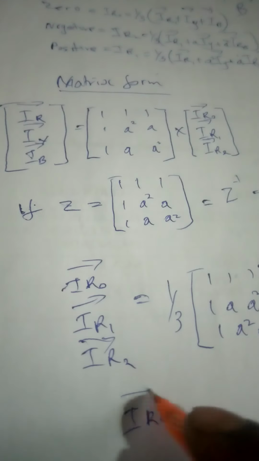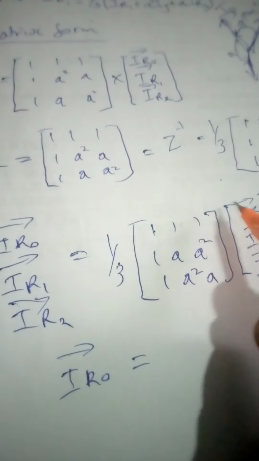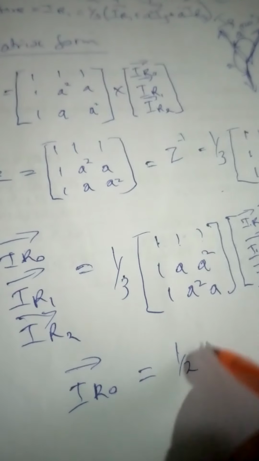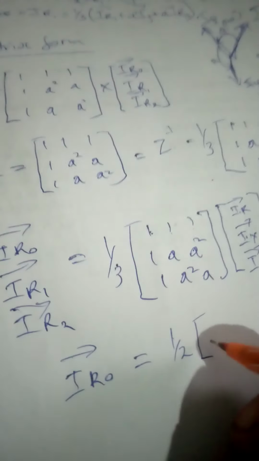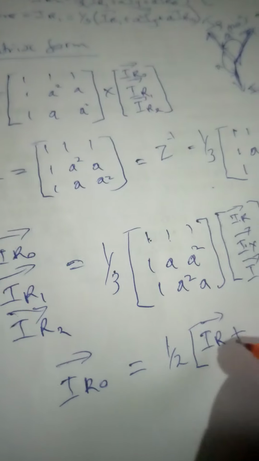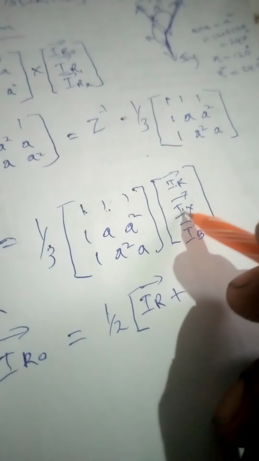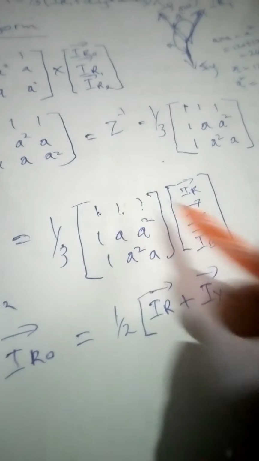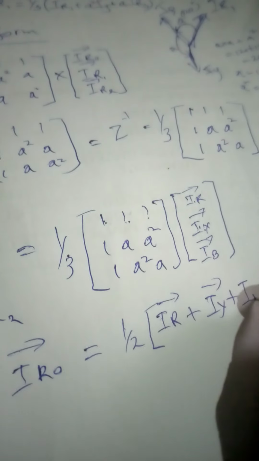As you see, this one, let's take the first one. We note that IR0, remember this is our zero sequence, is given by a third multiplied by this times this, 1 times this, and 1 times this, and that will be a third. 1 times current at red, plus 1 times current at yellow, plus 1 times current at blue phase.